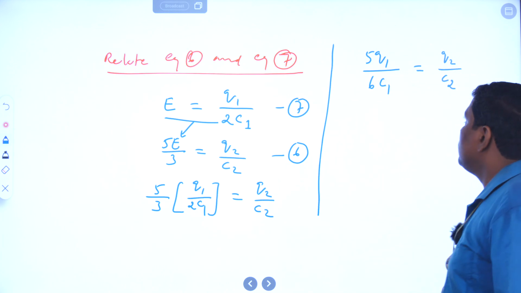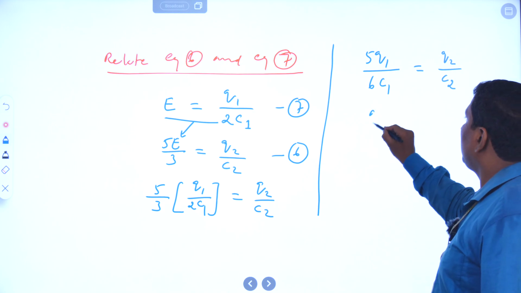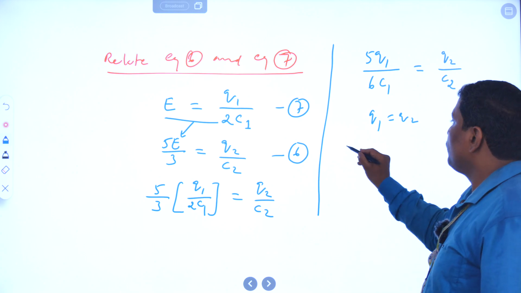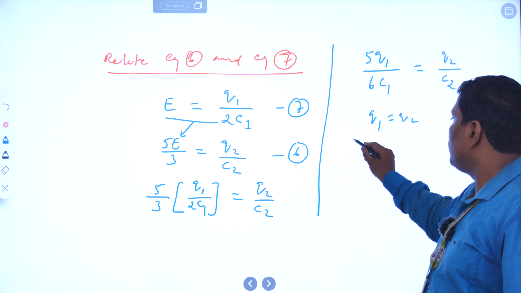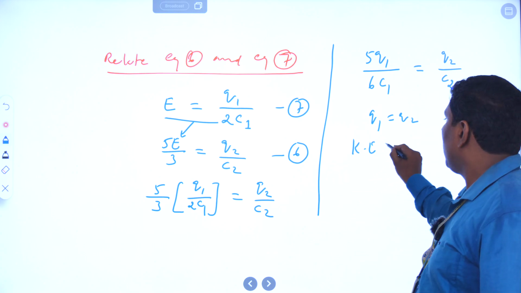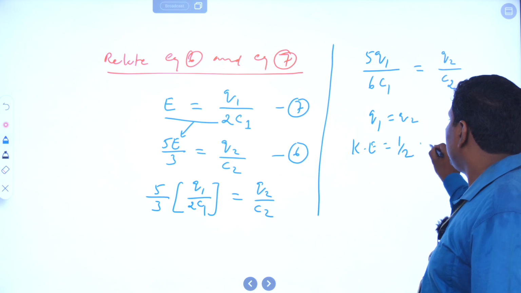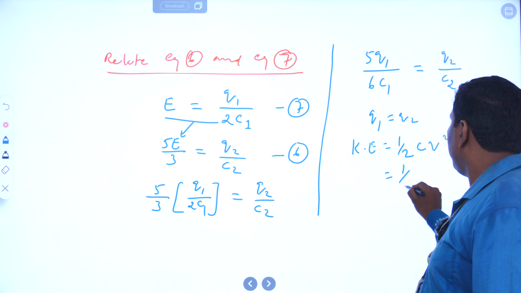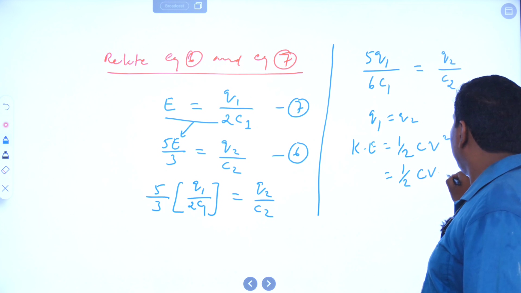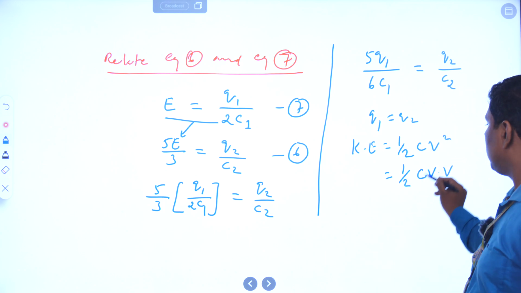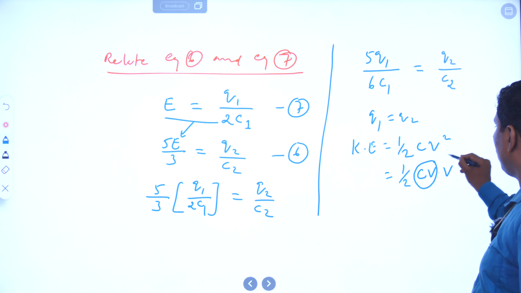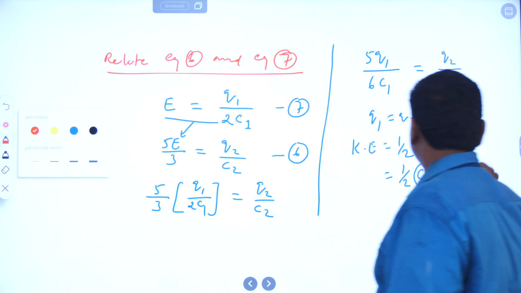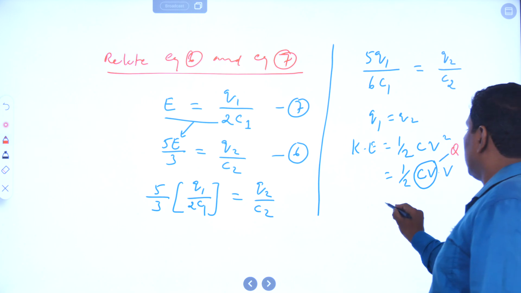So based on this statement, Q1 equal to Q2. Why? Because we know very well the energy equal to half CV square, so half into CV into V. What is CV? CV equal to Q. Clear?